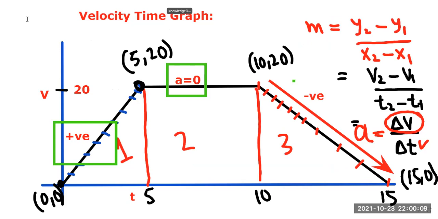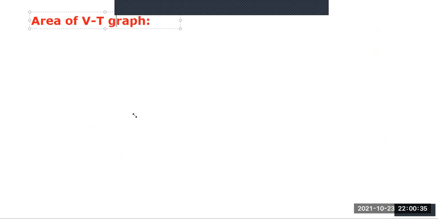So the next thing which is related with velocity time graph is area of velocity time graph.